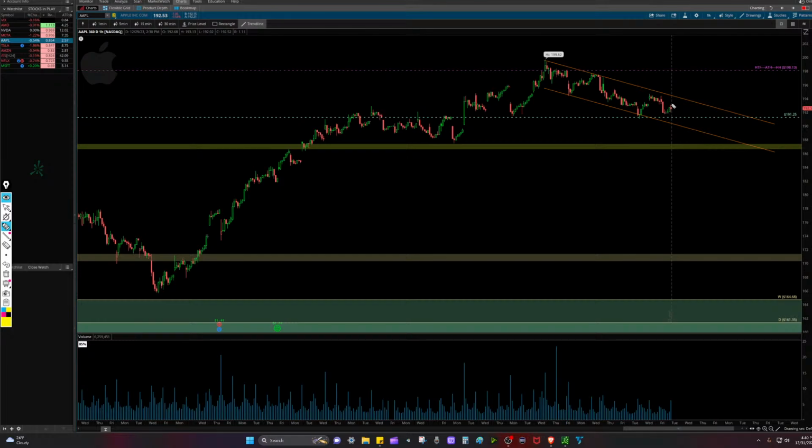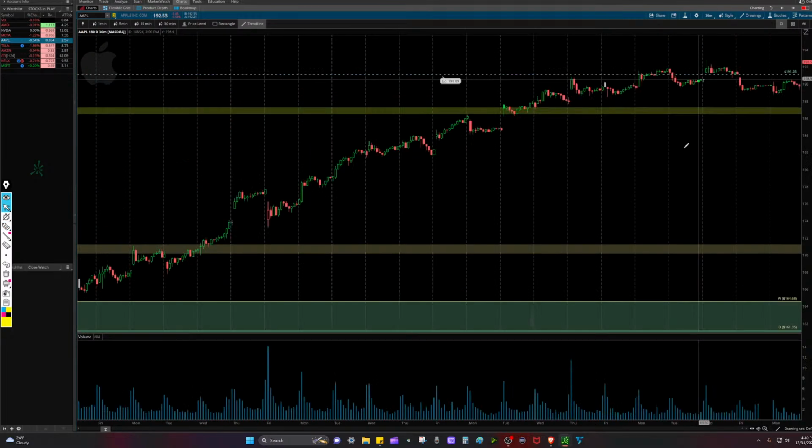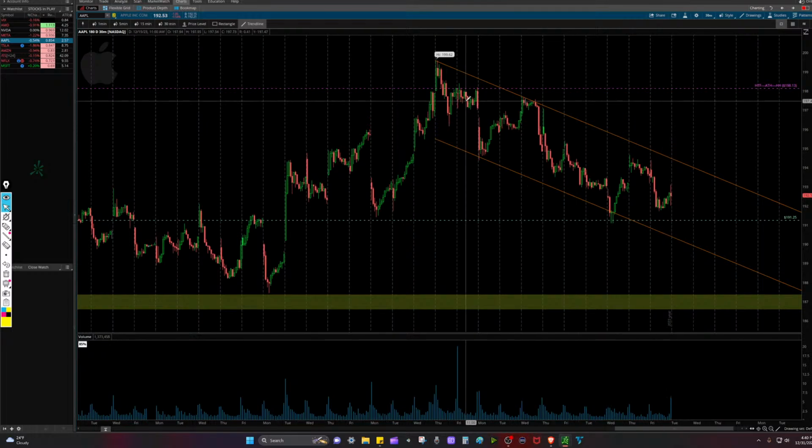Once it holds this, breaks, retests, this would make me fully believe that it will make another move up higher and test 200, right? So at this point I don't have much supply area here.